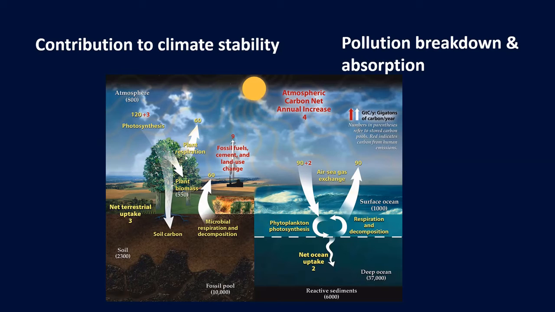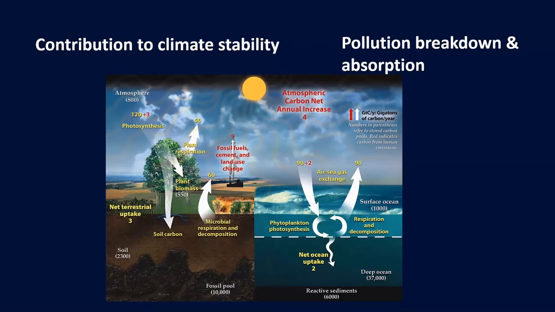Plants absorb the carbon dioxide in the atmosphere and use it in nutrient cycling. That's how the carbon dioxide in the atmosphere is sequestered, how they maintain a balance in the ecosystem, and how they contribute to climate stability.